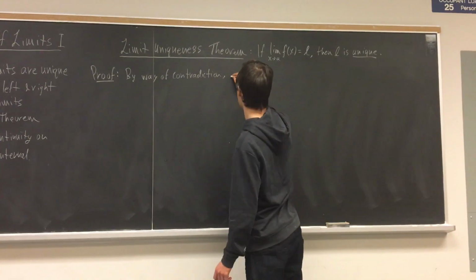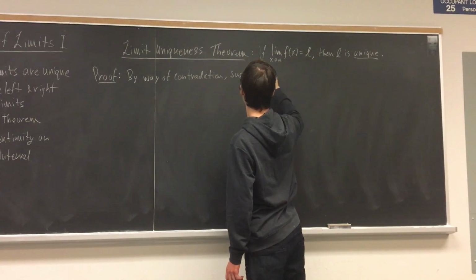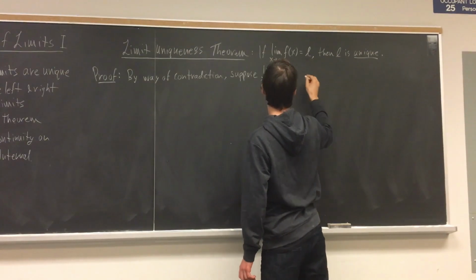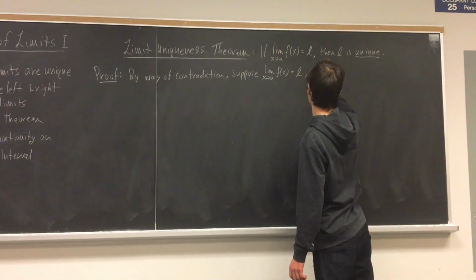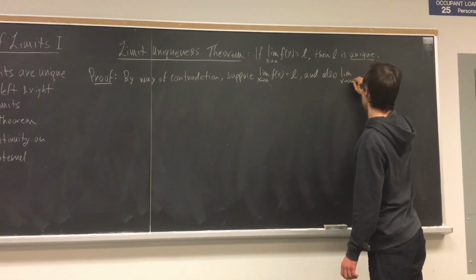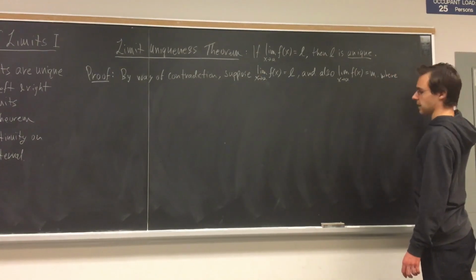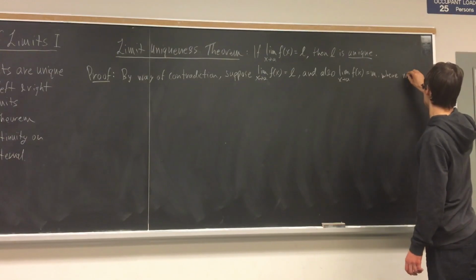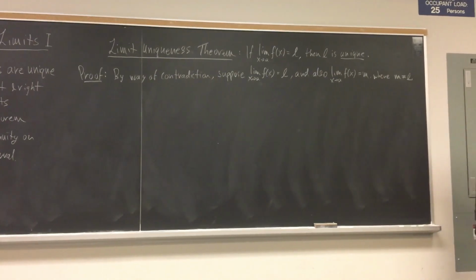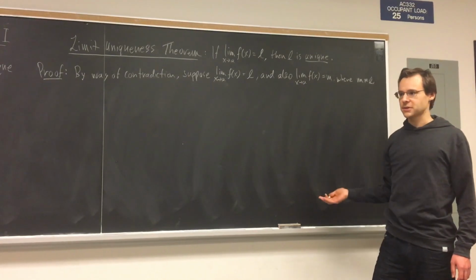So by way of contradiction, suppose that the limit as x approaches a of f of x equals L, and also the limit as x approaches a of f of x equals m, where m is not equal to L. Okay? So that's what we're supposing. And now we're going to show that some sort of contradiction will come up.